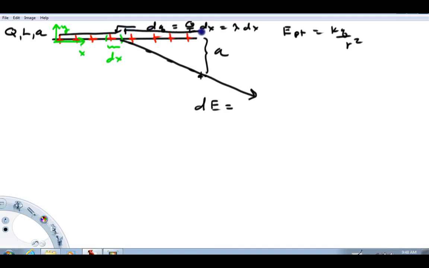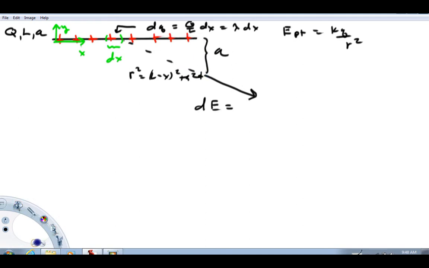From here to here is therefore L minus x. So r squared is equal to (L minus x) squared plus a squared. That's from the Pythagorean theorem on this triangle right there.